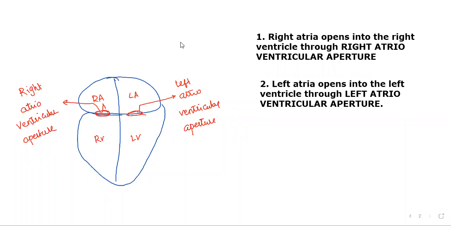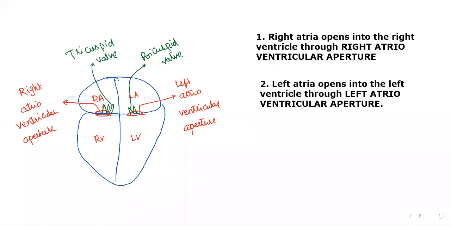I am showing it here with the imaginary tricuspid valve. The left atrioventricular aperture is guarded by the bicuspid valve. First I said there is an opening, and now I am saying that the opening is guarded by a valve. You need to identify that difference.